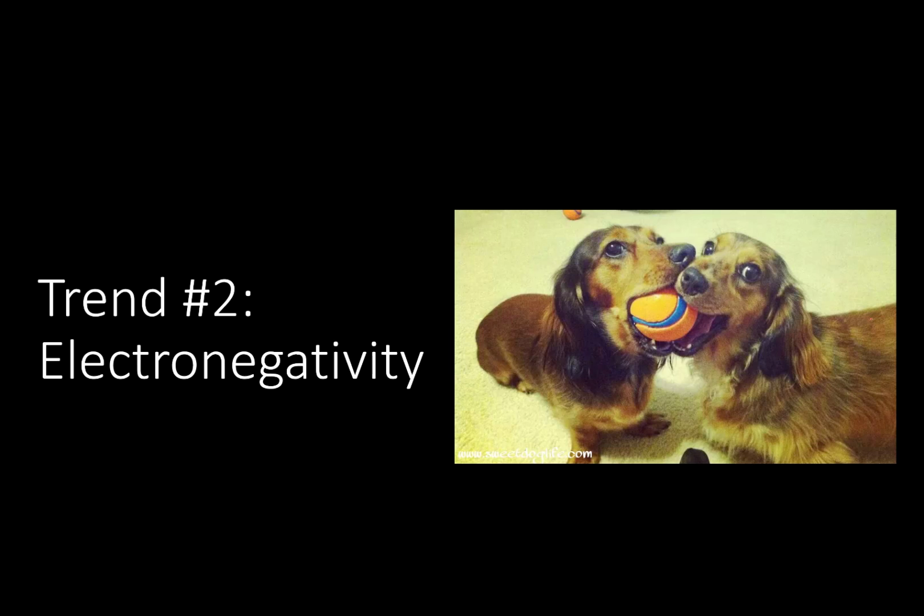So the closer it is to becoming like a noble gas, if it really wants electrons to become like a noble gas, it is going to have a high electronegativity. That's what that means: electronegativity refers to how strongly an atom pulls on electrons, essentially, or grabs on to an extra electron.